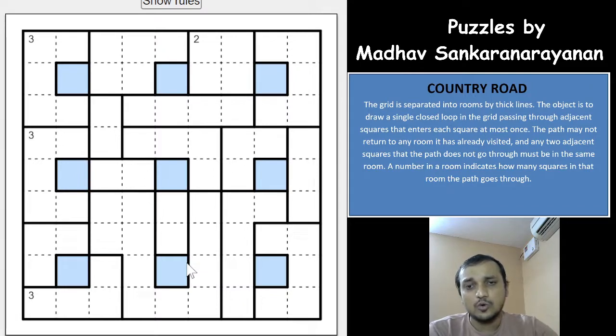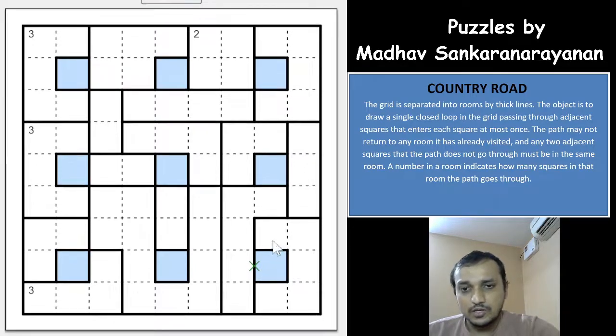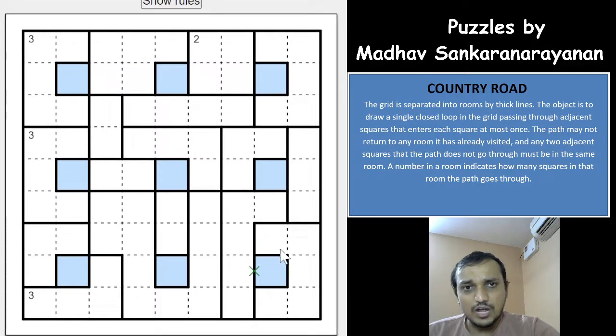So a loop will go into a region only once, which means if you have a cross here, this cell is passed by the loop, so you will have a line this way or this way, and both ends of the line are in the same region. So it means that you will form a closed loop already.